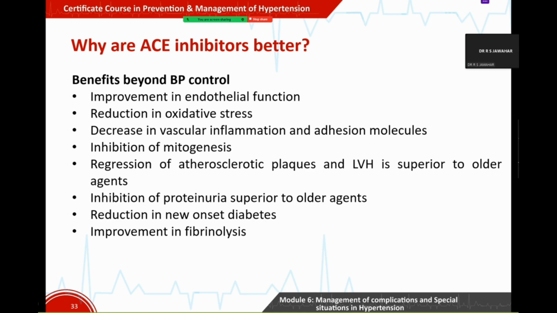The improvement in the endothelial function, reduction in the oxidative stress, decrease in the vascular inflammation and adhesion molecules, inhibition of mitogenesis, regression of atherosclerotic plaques and LVH superior to the other agents, inhibition of proteinuria superior to the other agents, reduction in new onset diabetes, and improvement in fibrinolysis. So these are all the benefits of BP control, benefits of your ACE inhibitors beyond reduction in the blood pressure.